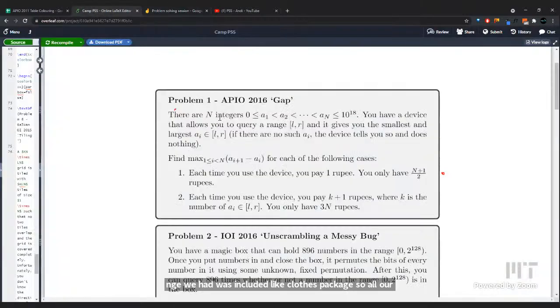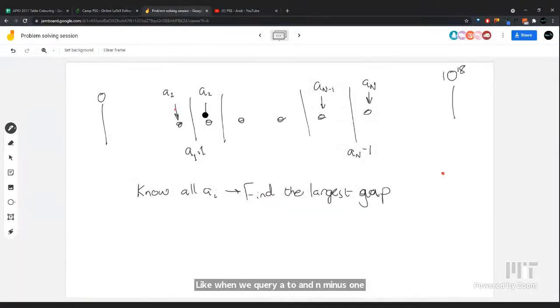If you query A1 plus 1, there cannot exist some integer between A1 and A1 plus 1, so you will not lose anything. That's what he means. When we query A2 and AN minus 1, the result would be A2 and AN minus 1 again. No, we're not querying A2, we're querying A2 plus 1, so we're not including it.